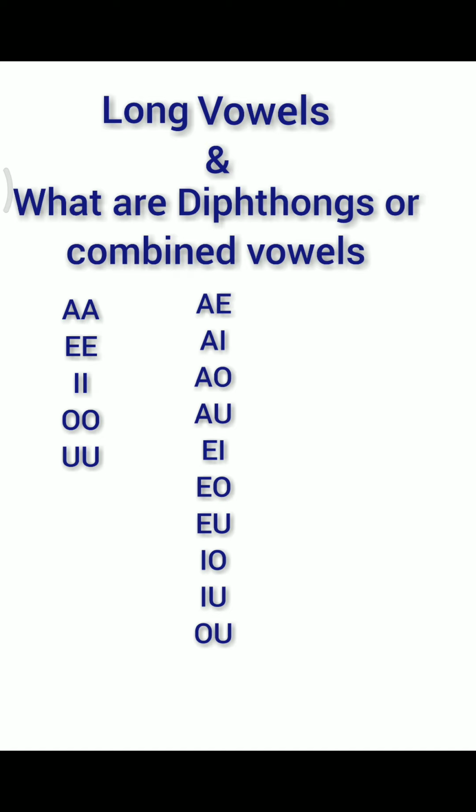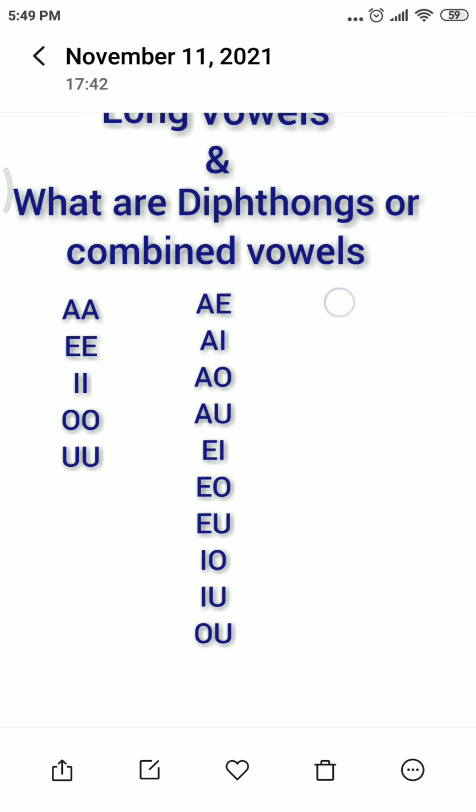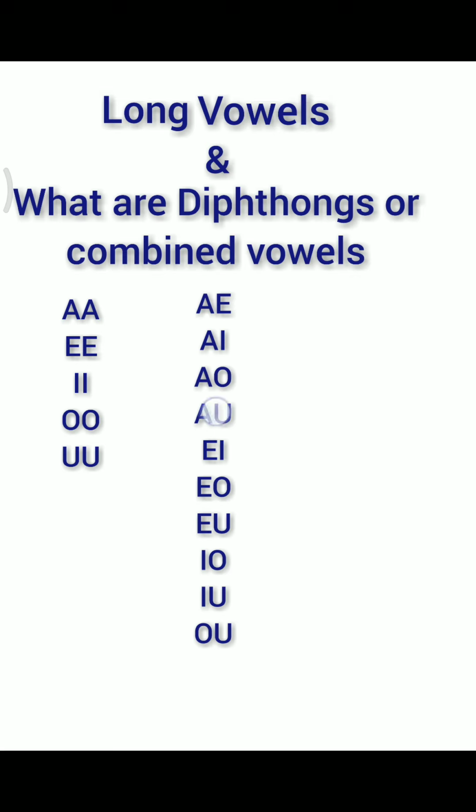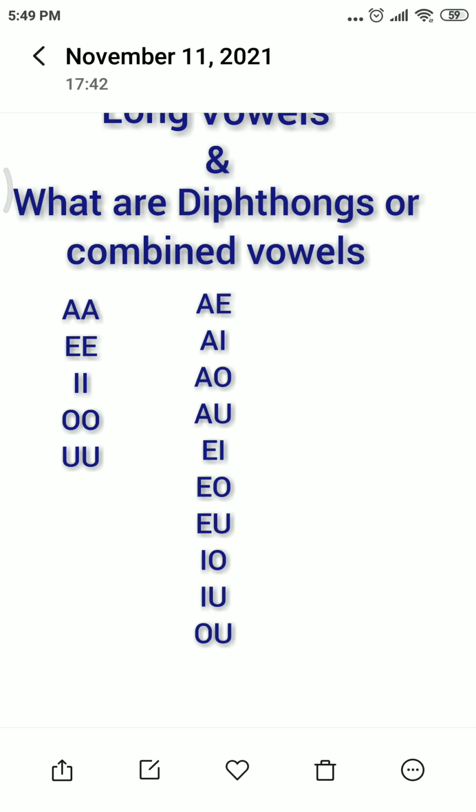So there can be AE, AI, AO, AU, EI, EO, EU, IO, IU, OU. In other languages, especially in Indian languages, we have vowels which are combined.